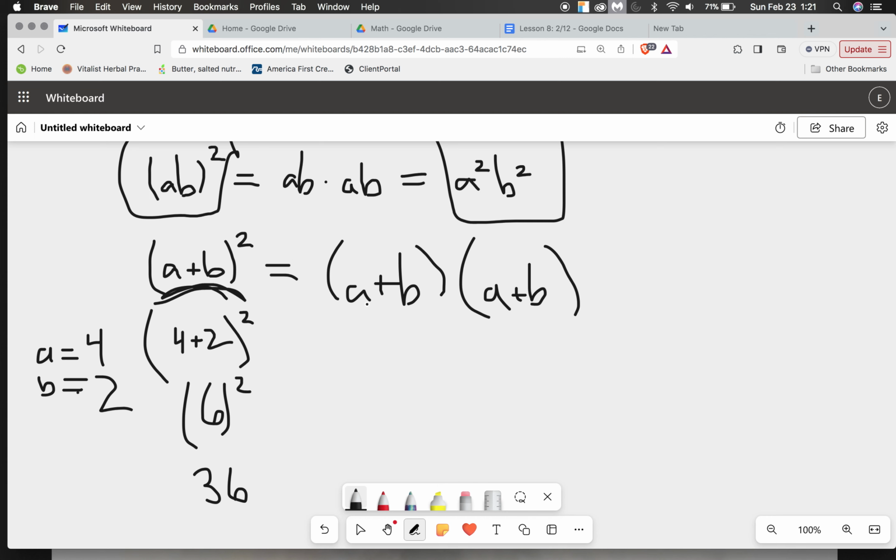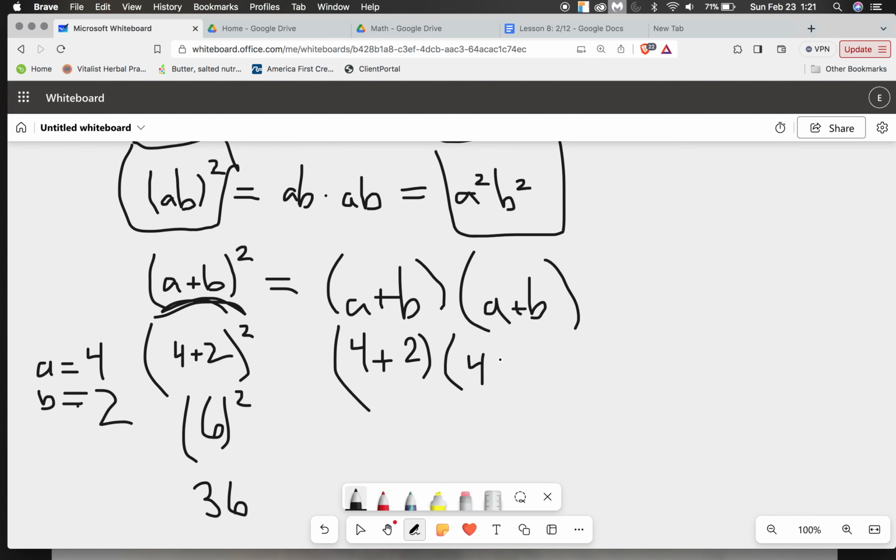But we can also do it this way. We have A, which is 4, plus B, which is 2, and then A, which is 4, plus B, which is 2.